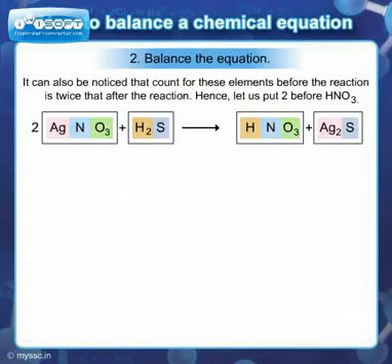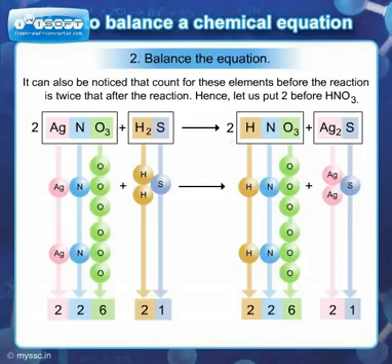It can also be noticed that the count for these elements before the reaction is twice that after the reaction. Hence, let us put 2 before HNO3. Let us again make an element inventory, that is, note the number of atoms both before and after the reaction.